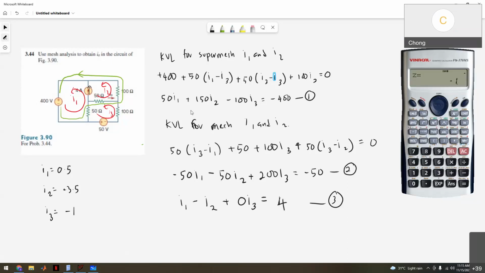Okay, what is your answer? My I1 is 6.17, I2 is 2.17, I3 is 2.33.